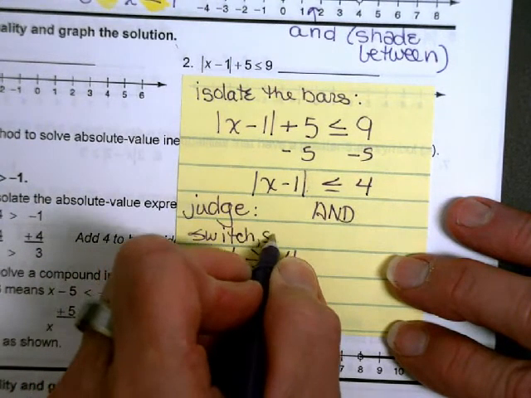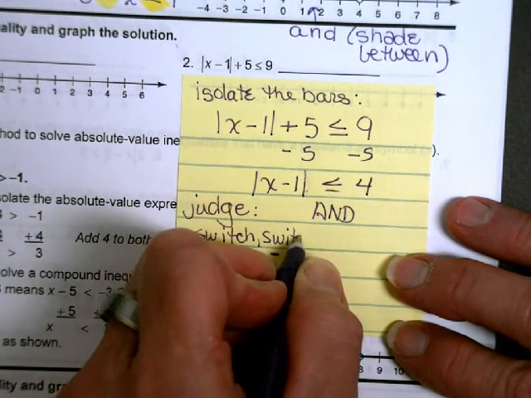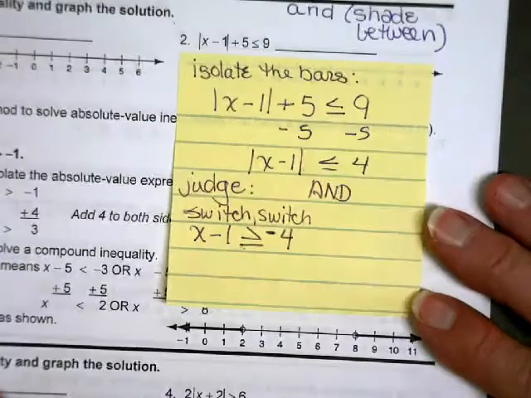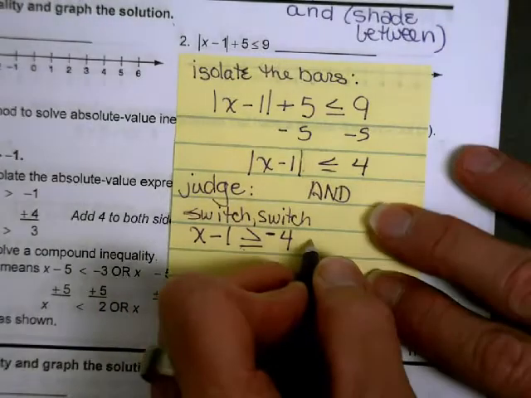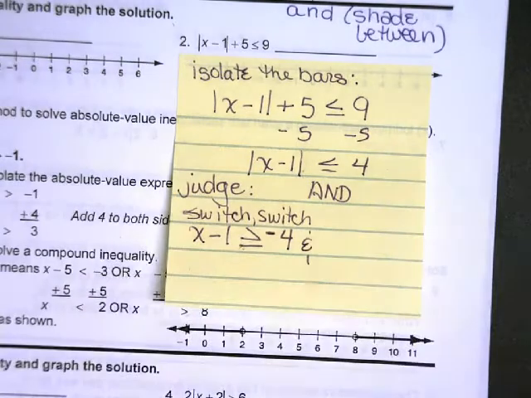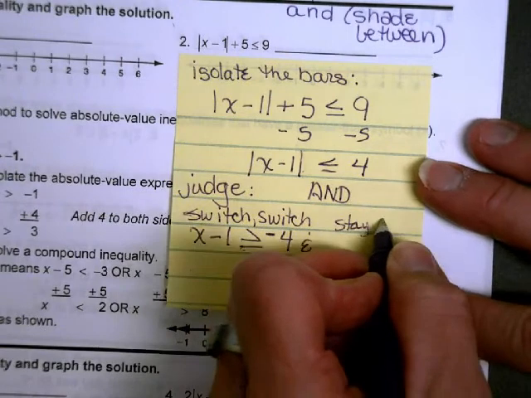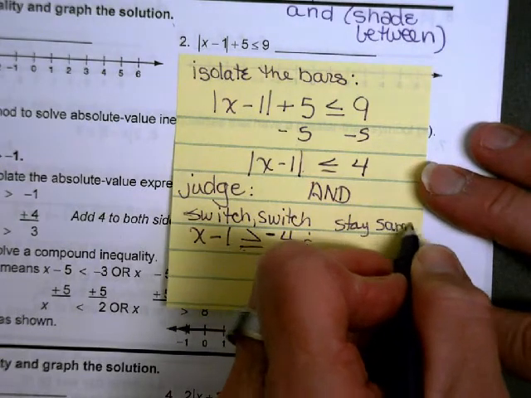Again, silly. But it helps me remember what to do. I got to switch two things, the inequality and the sign. Between the two stories is the and. That's my silly little abbreviation for and. Now I say stay the same.